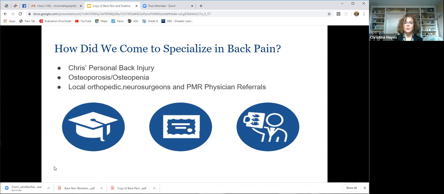The second thing, which I spoke of earlier, is that we also work with osteoporosis and osteopenia. This population is also near and dear to our hearts. And Dr. Stephanie Bean, one of my physical therapists, has certifications in this realm, and she works with people to prevent stress fractures and to get them on good exercise programs.